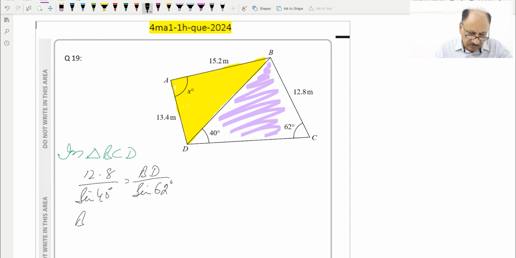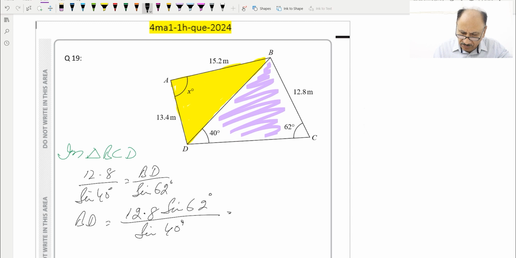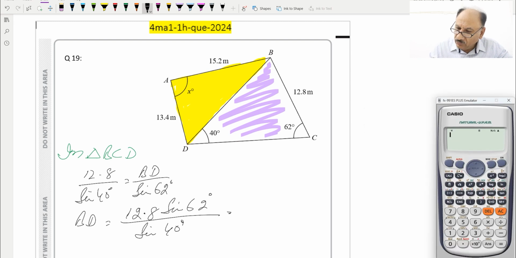So BD will be equal to 12.8 sine of 62 degrees divided by sine of 40 degrees, and this will be equal to 17.58.